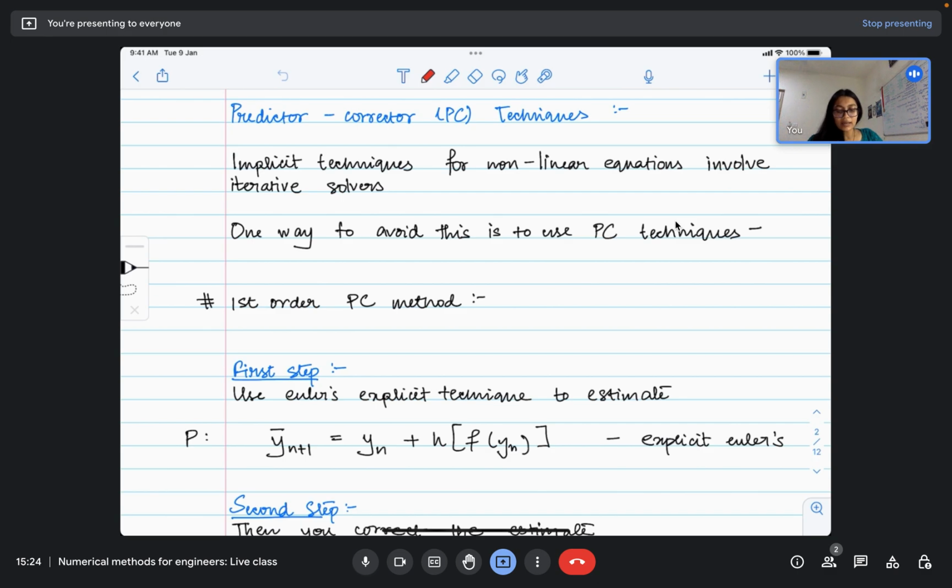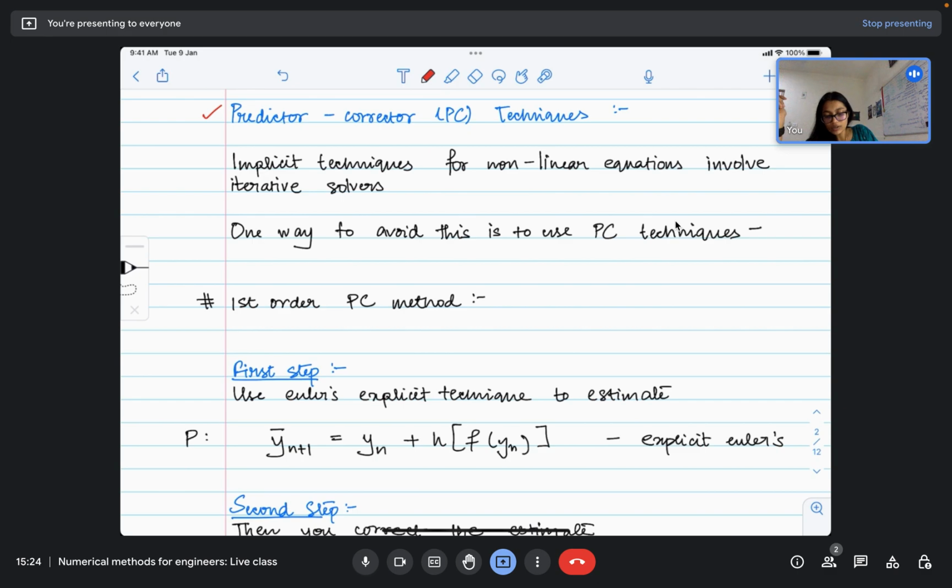So the issue over here is that, one issue is that in explicit techniques the solution quite diverges from the true solution. One major issue with the implicit technique is that they use iterative solvers, so we have to keep on doing it again and again and again to get the answer, right?